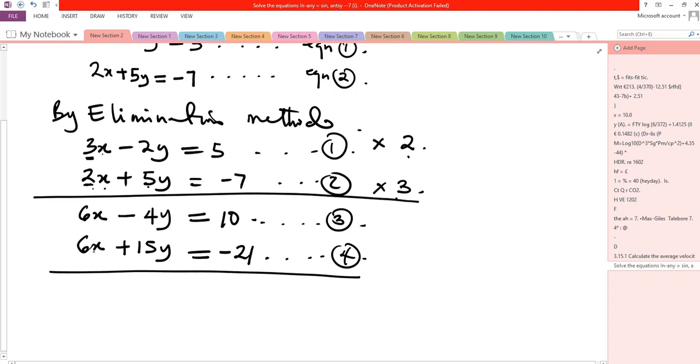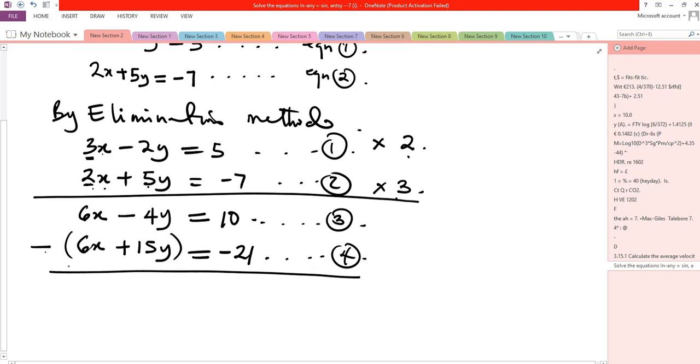So to eliminate the variable x, we subtract equation 4 from equation 3. I will just put a negative sign here, and the negative sign will go through all.